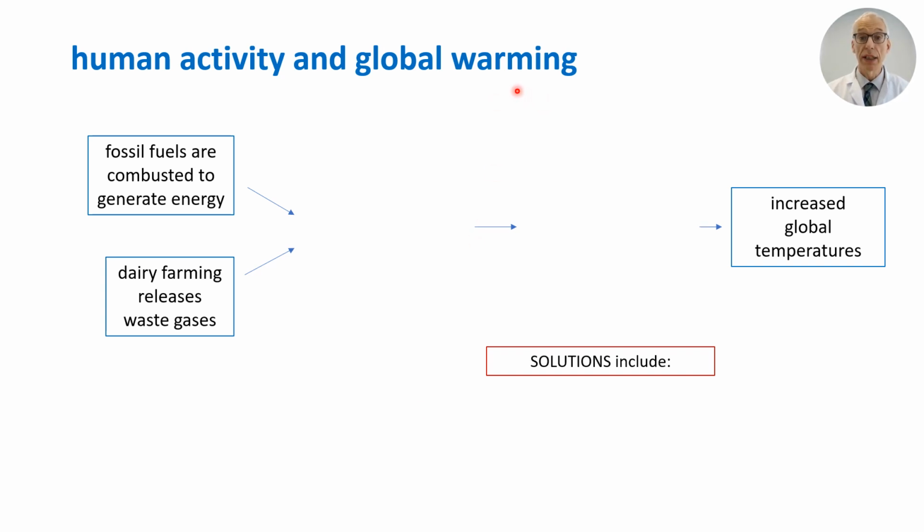You are expected at GCSE to explain the link between human activity and global warming. So there are two principal human activities that need to be taken into account: the burning of fossil fuels to generate energy and dairy farming, which releases waste gases.